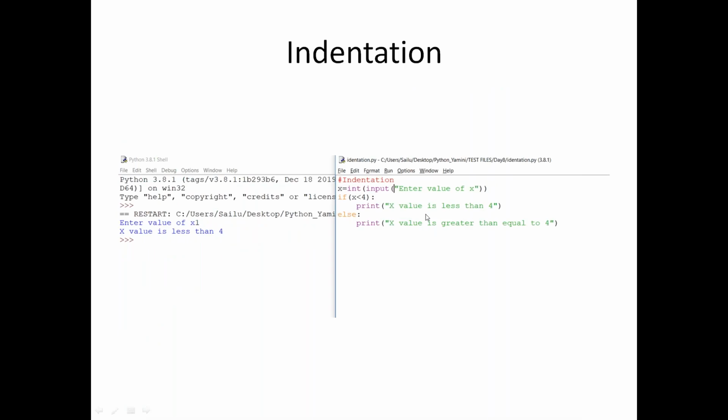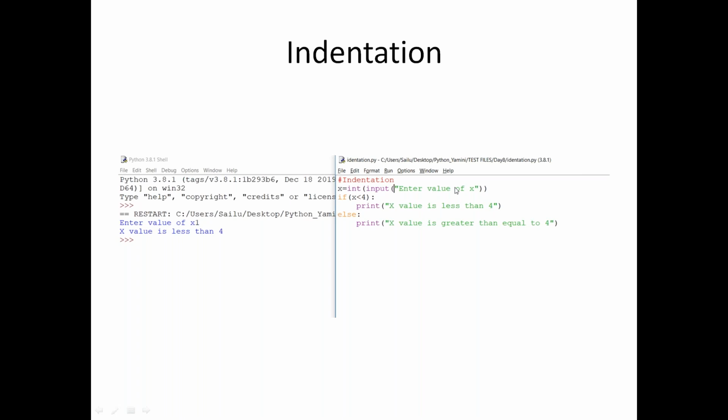So as I told you, indentation will play a vital role. Here I have given an input, enter the value of x. Based on the user input, I want to decide whether it is going to be greater than 4 or less than 4. That's all. And as I informed you, any number given as user input will by default be a string. It will not be treated as an integer, though it is an integer number entered by the user. The system cannot understand that it is an integer. So on top of input, I'm going to add one more function called int.